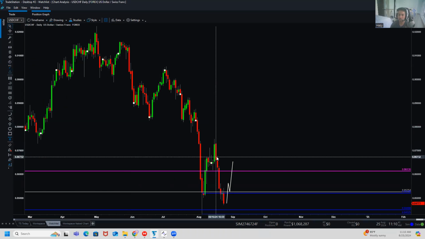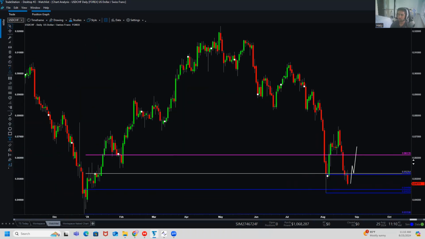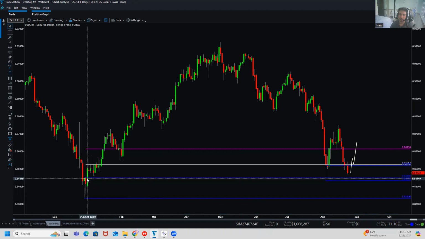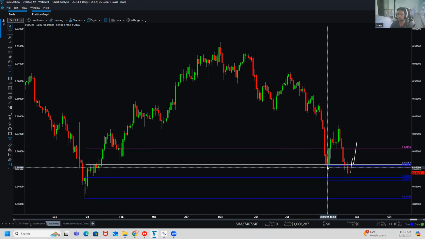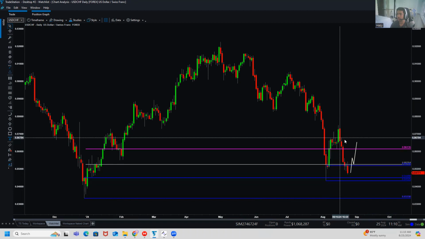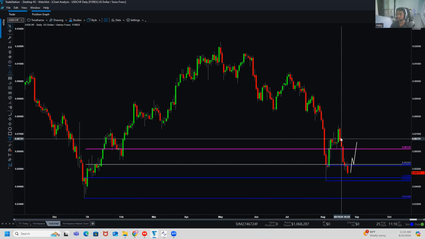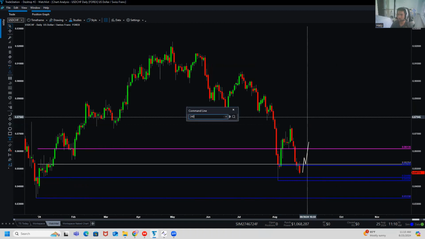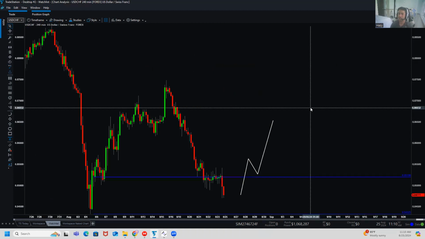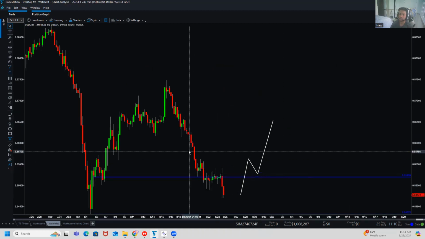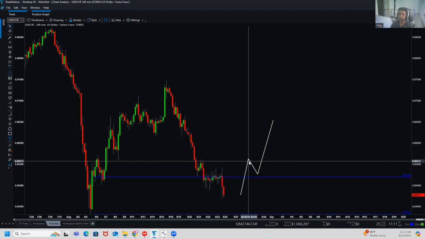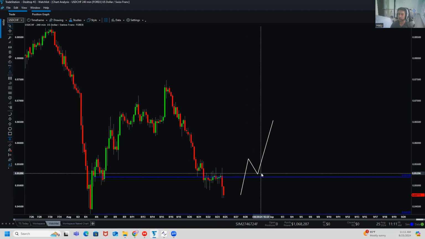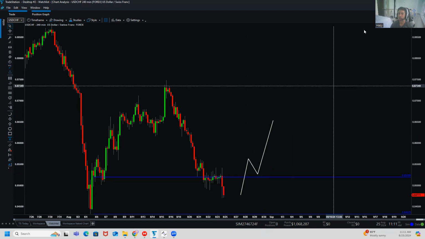And then on the daily, we have this daily demand zone, which it touched. After it touched, it created another demand zone right here. Price is currently inside that demand zone. So all I'm looking for is exactly what is drawn in this chart. Break of this structure, this lower high, making it a higher high, higher low, and we enter on the pullback.